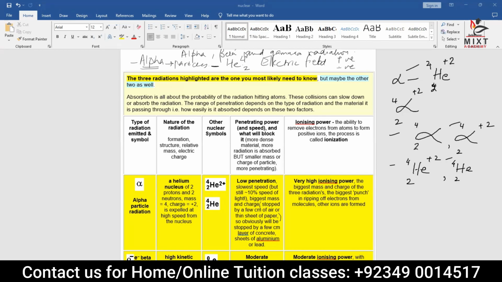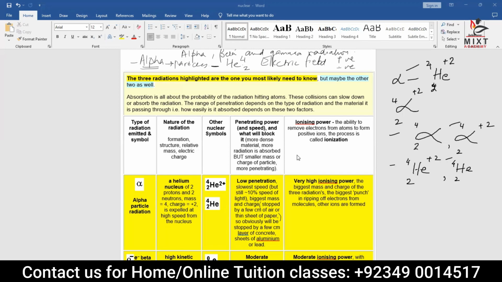Alicia? No, sir. Okay. Now the next is called ionizing power. What do you think the ionizing power will be? If somebody has the ionizing power, it means that it has an ability to knock off the electrons from some element so that it becomes ions. Because that's how the ions will actually form.